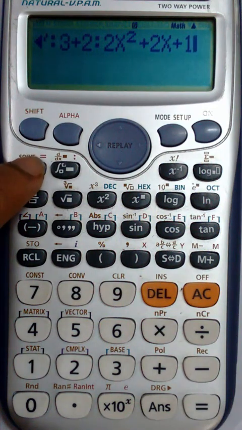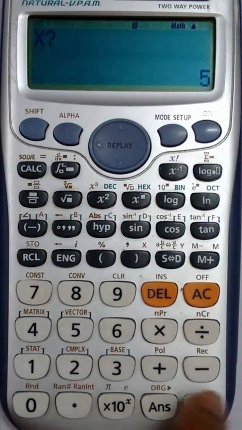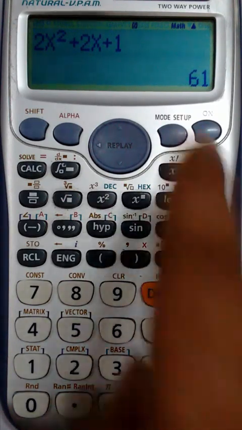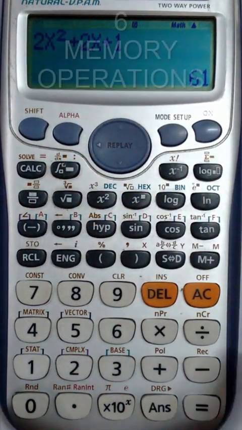Now use the solve button. X is equal to 5, Y is equal to 2. Then I am pressing the first expression. I got this result, 7. Next expression, 3x plus y, 17. 3 plus 2 is 5, and the next expression is 61. In this way you can use multi-statement calculations on your calculator.